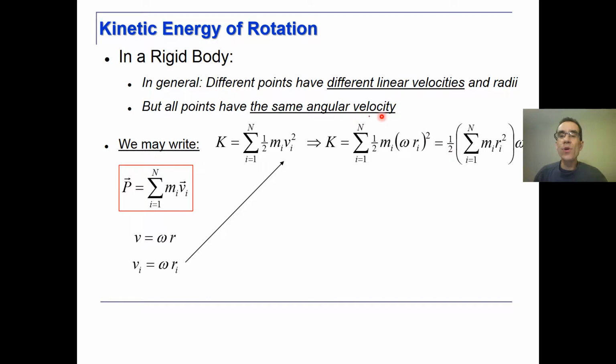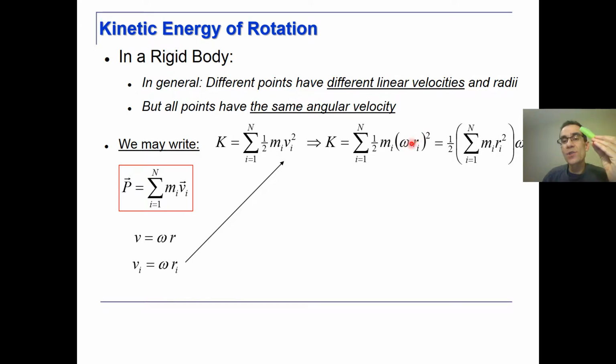I can reorganize this expression for the kinetic energy like this. Look, this is a summation of many terms. Now, 1/2 is a constant. It's going to show up in all the terms. I can pull this out of my summation and put it over here. Now, omega is also a constant, because all the objects in the body rotate with the same angular velocity.